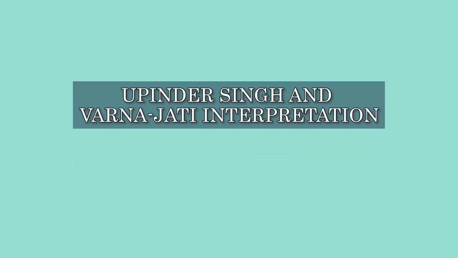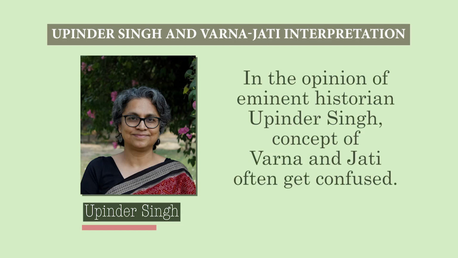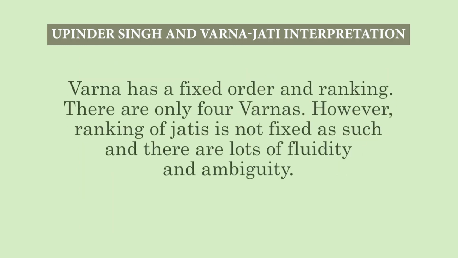Next, I'll talk to you about the viewpoint of historian Upinder Singh. In the opinion of Upinder Singh, the concepts of Varna and Jati often get confused and mixed with each other. Varna has a fixed order and ranking. On the other hand, Jati has more fluidity and ambiguity.